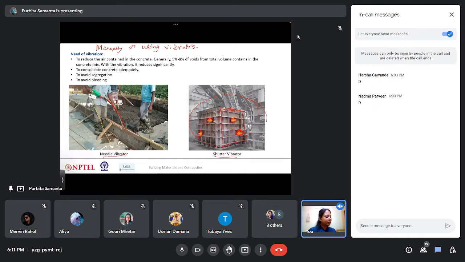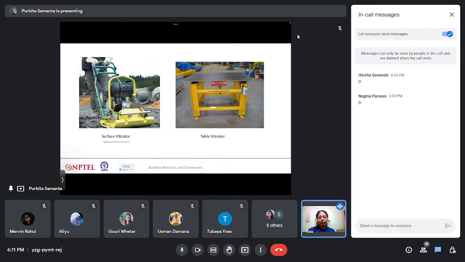If you look at the next one, this is the surface vibrator. We use this surface vibrator when we are making concrete pavements. Not only pavements, but also when we have a very long or huge flat surface where we are casting the concrete, we can use this surface vibrator. Another one is the table vibrator.